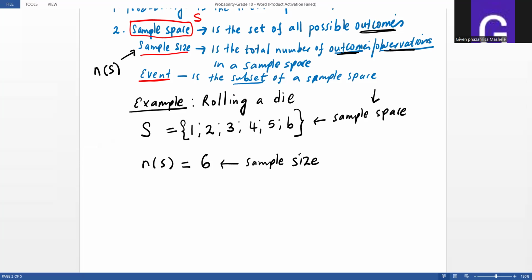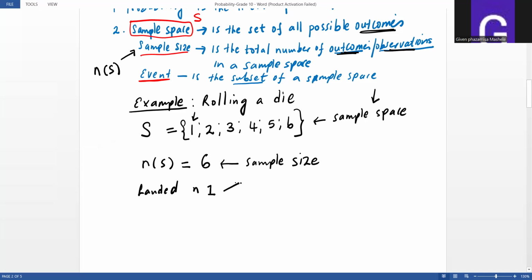Remember, I said sample size is the total number of outcomes or observations in a sample space. And now, what is an event? An event is just a subset of a sample space. For example, when we are rolling a die, the die lands on the side 1.